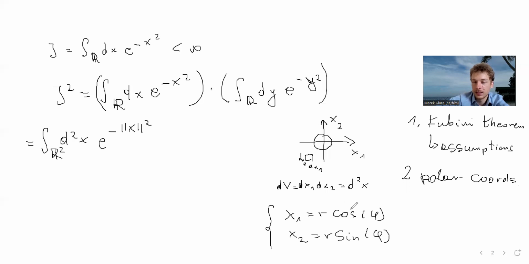One subtlety that we always have to keep in mind is that around 0, the transformation is not invertible, because at the point 0, r is equal to 0, and phi can be anything. So it can be any angle at the point, because a point rotates into itself.